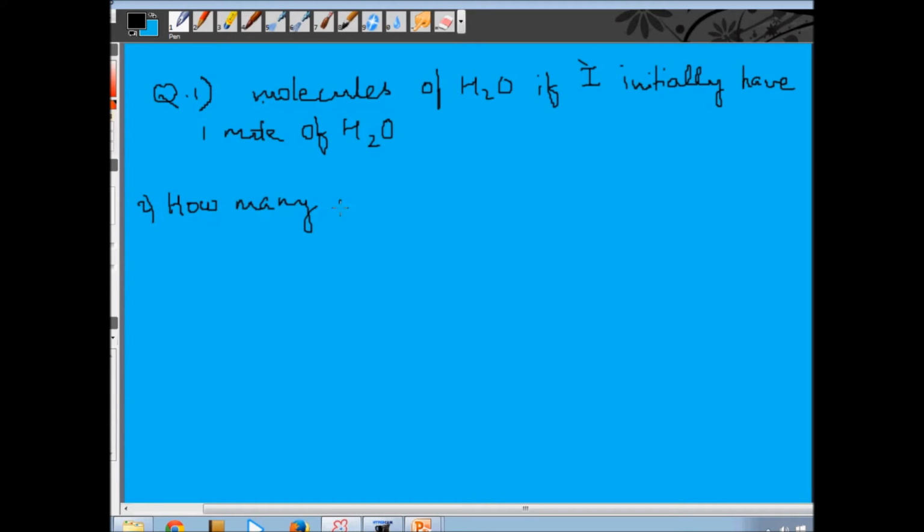This was question 1, this is question 2, and question 2 is how many moles of water are present with me in 1 molecule of water. Okay, so the question is, if I have 1 single molecule of water and I want to represent that number by the term mole, so how many moles of water will I have if I have only 1 molecule of water?